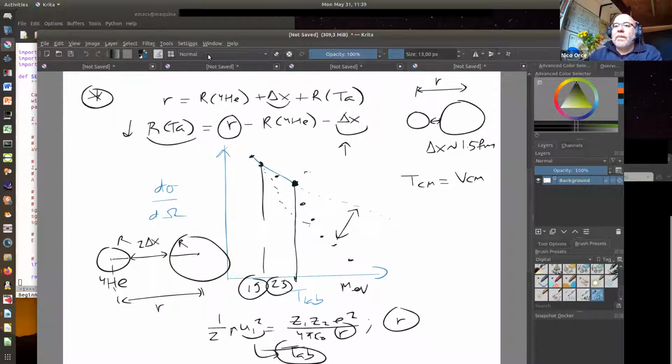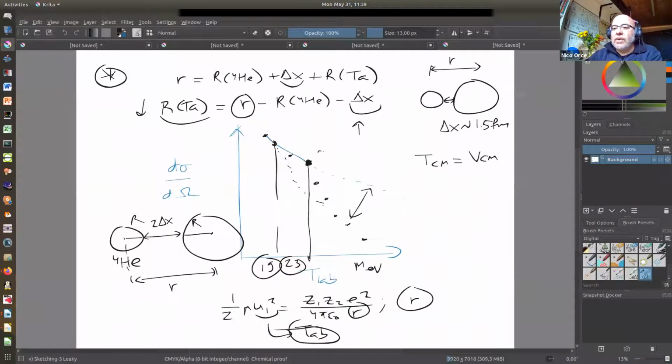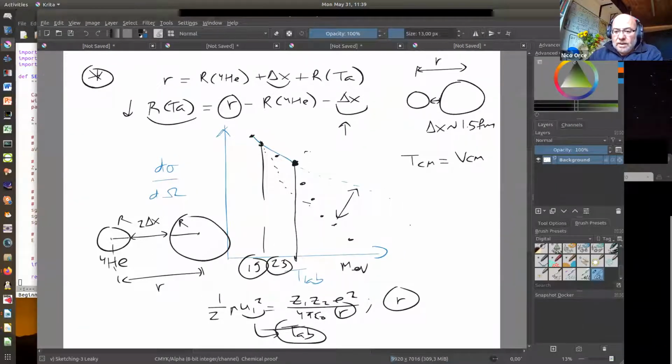Is that clear? So now we can investigate this further. There's a lot of information here that we can investigate. For instance, if the range of the nuclear force increases, it means that the nuclear force is tightening up the nucleus at a distance.